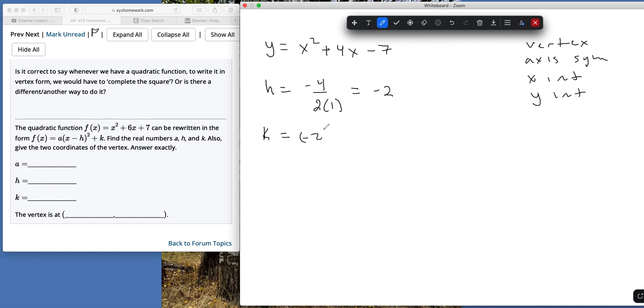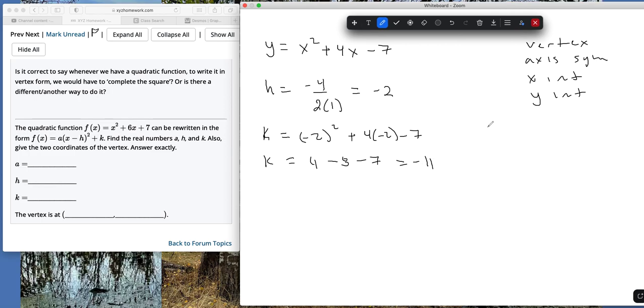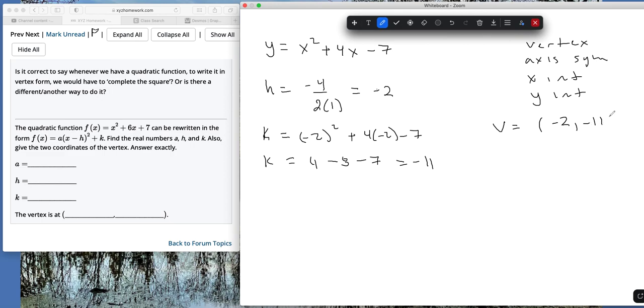So negative 2 squared plus 4 times negative 2 minus 7. So the k would be 4 minus 8 minus 7, so I think that's negative 11. That means my vertex is at negative 2 and negative 11.